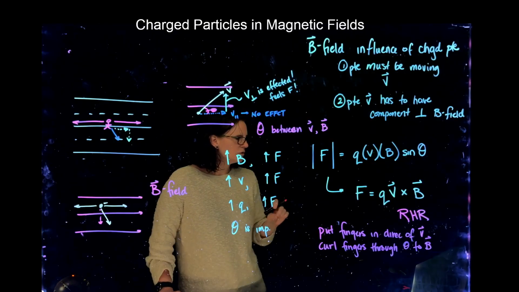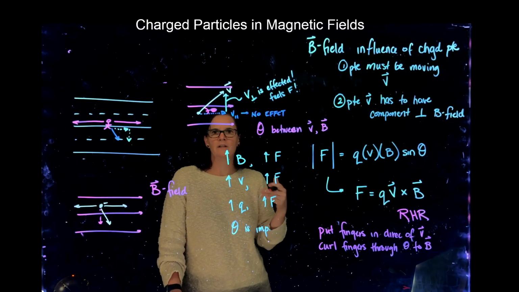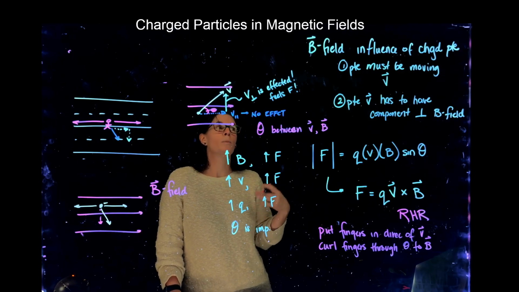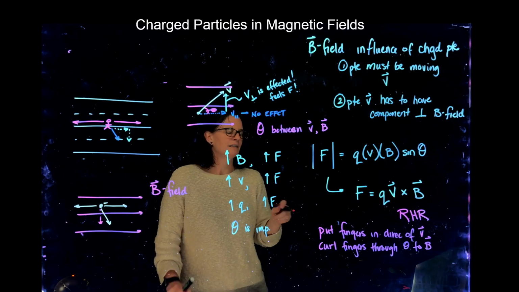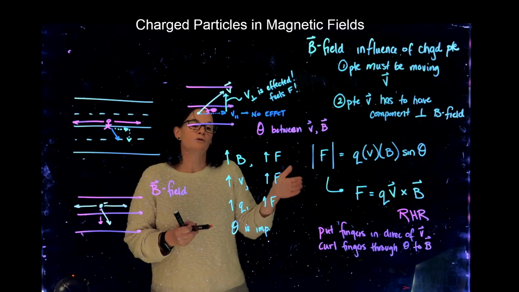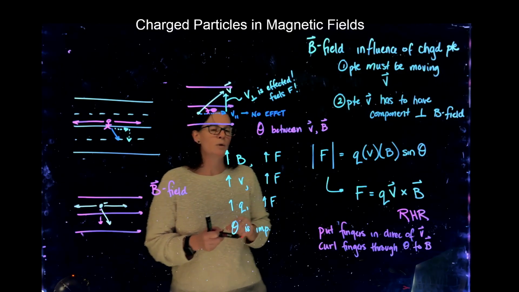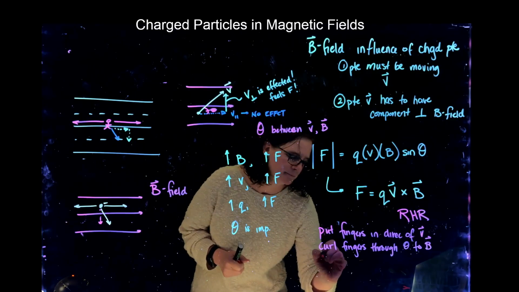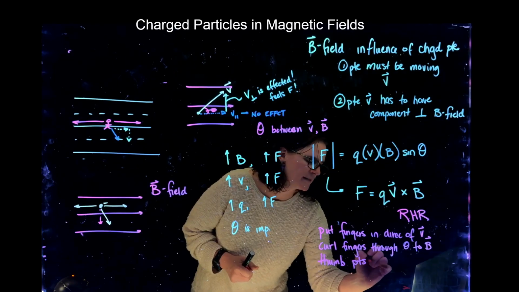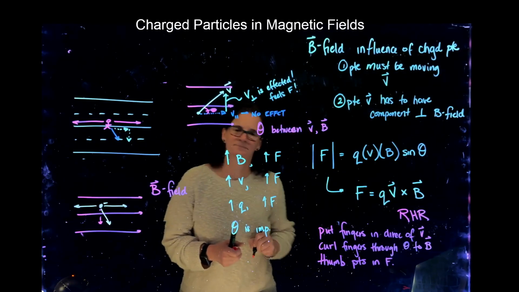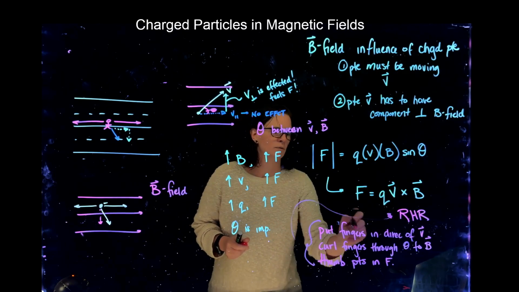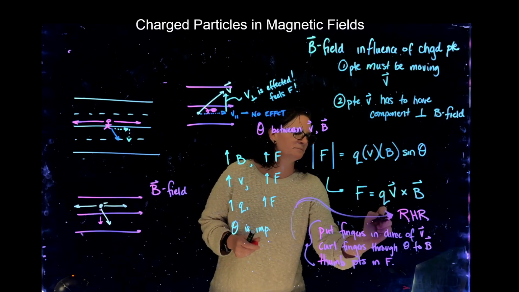This is also described as putting your fingers in the direction of the magnetic field. So you put your fingers in the direction of v, you curl them towards B, or change their orientation to B, and your thumb points in the direction of F. Okay, so this is the right-hand rule.